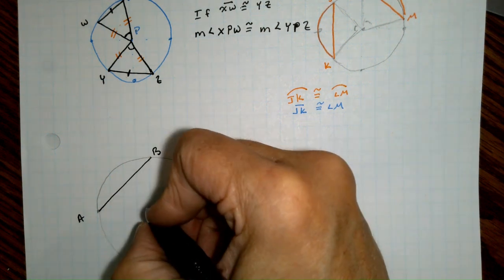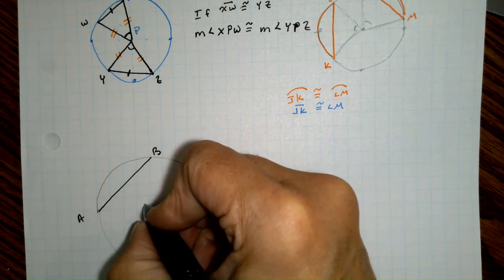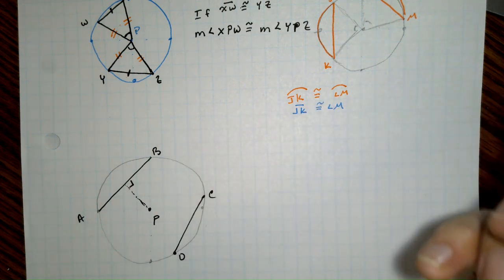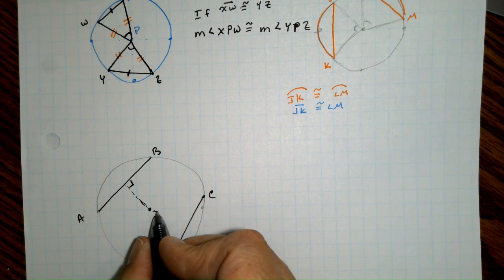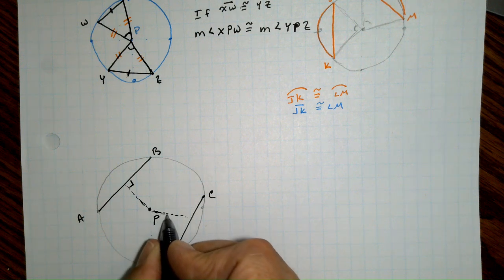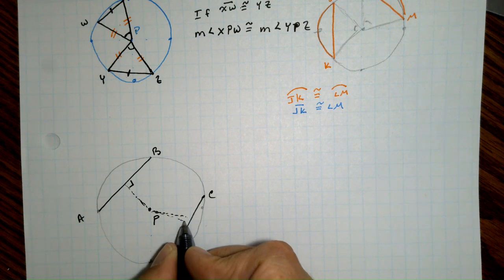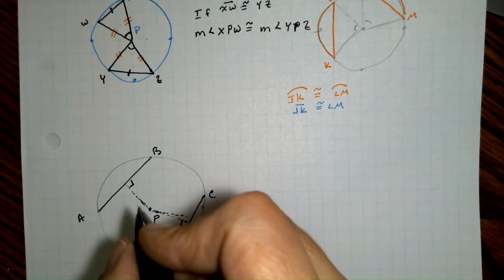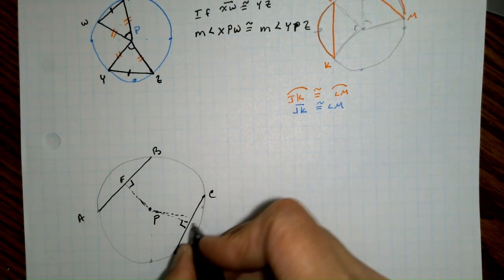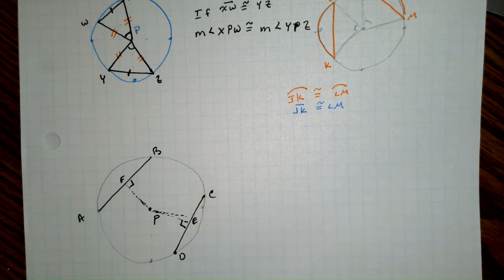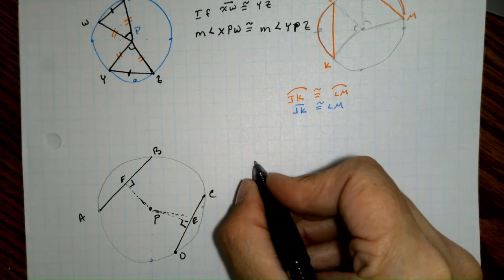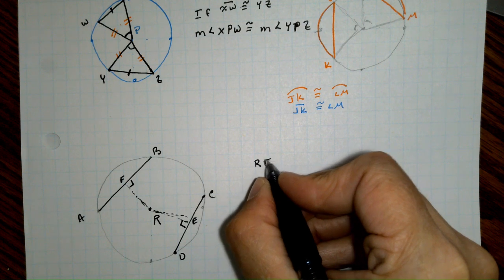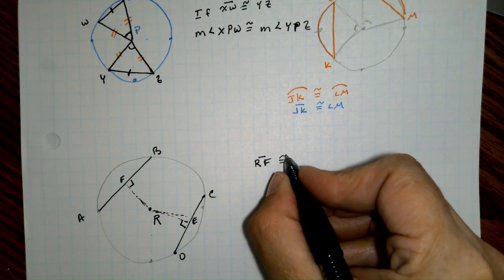And then there's a perpendicular line. Whoops. That's what you get for eyeballing perpendicular. There we go, perpendicular line. And we're going to call this F and this E. So what about if R, not P, I meant to call that an R. RF is congruent to RE.